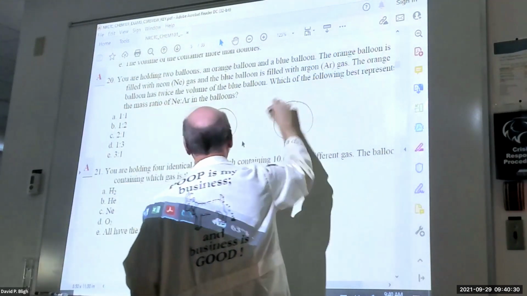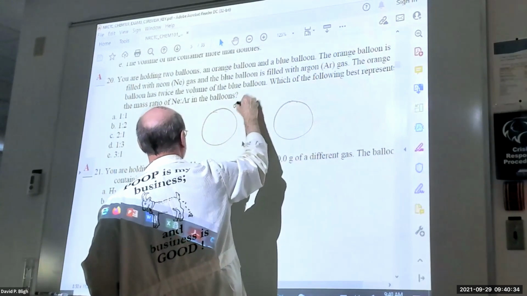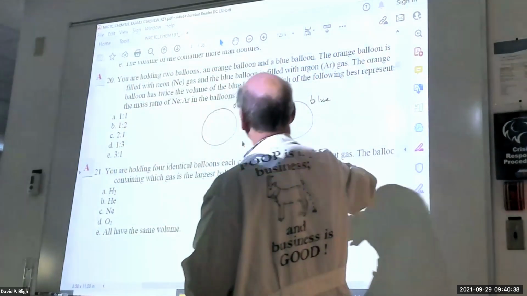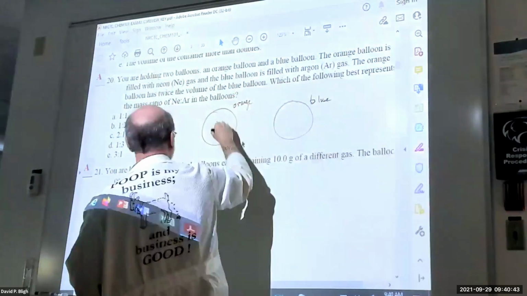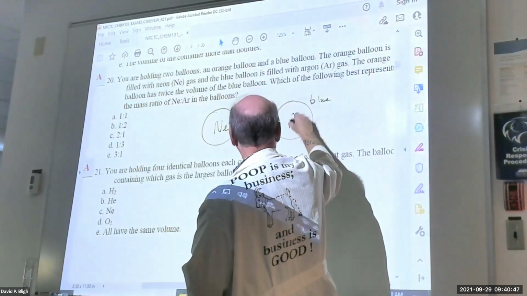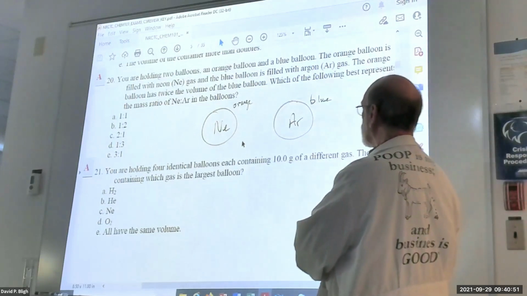I don't know what the volumes are yet. I'm just saying this one's orange and this one's blue. The orange balloon is filled with neon, and the blue balloon is filled with argon. The orange balloon has twice the volume of the blue.